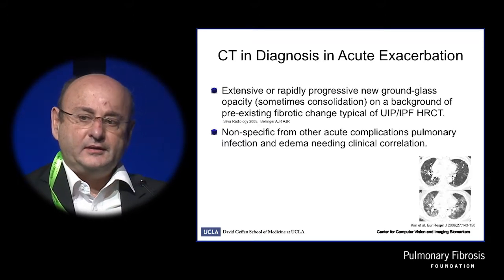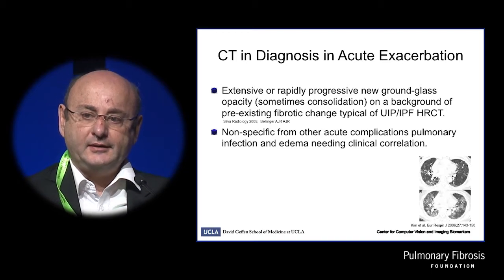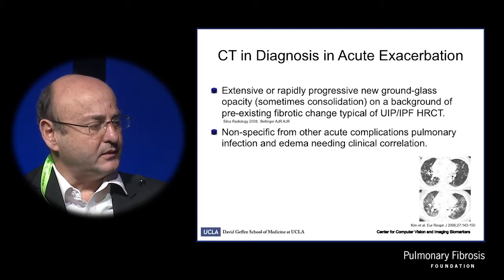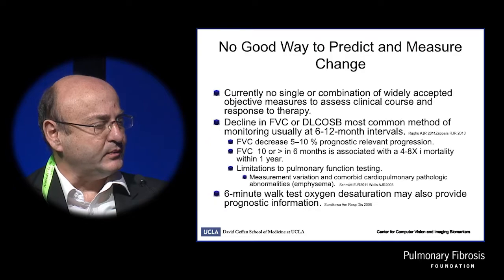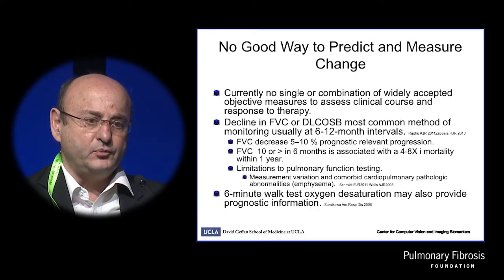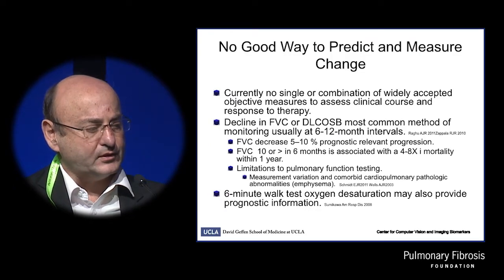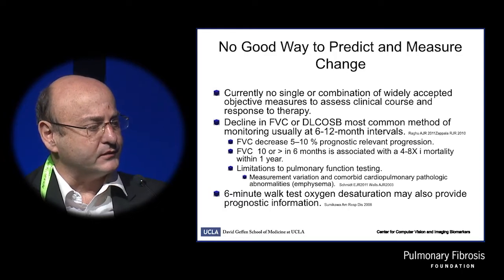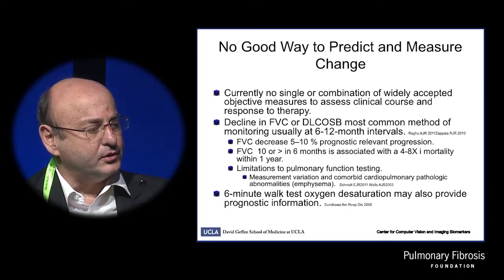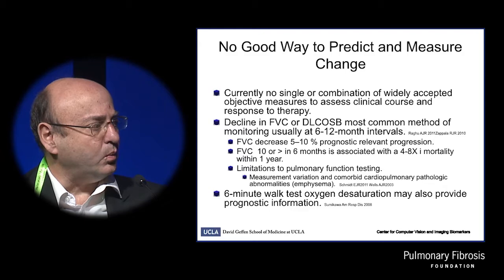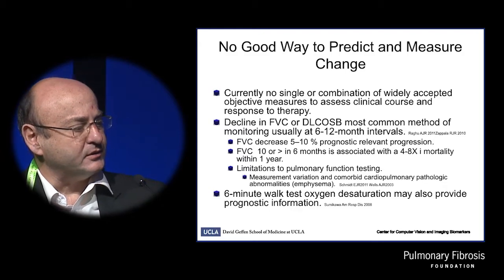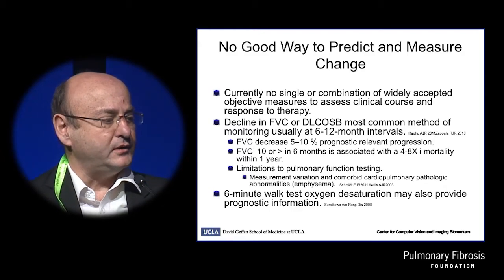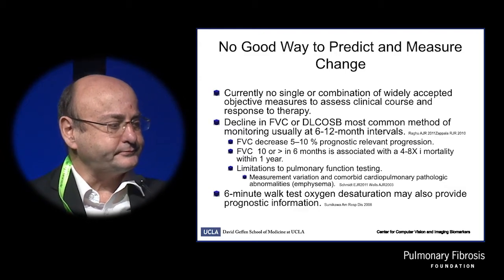The other role that CT is being looked at is as a prognostic indicator in the clinic. Right now, as we sit here, different groups from different areas of interest, from physiology through other markers, there's no real good single or combined widely objective measure to assess clinical course and response to therapy.